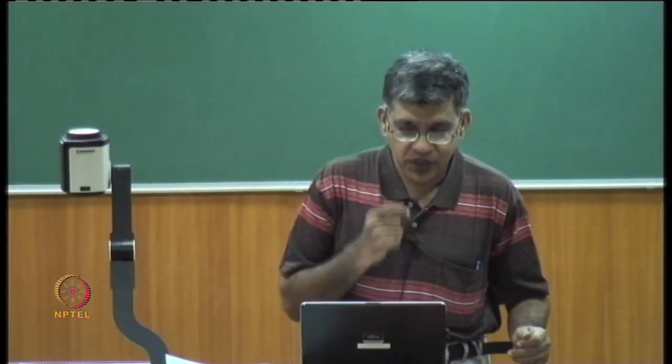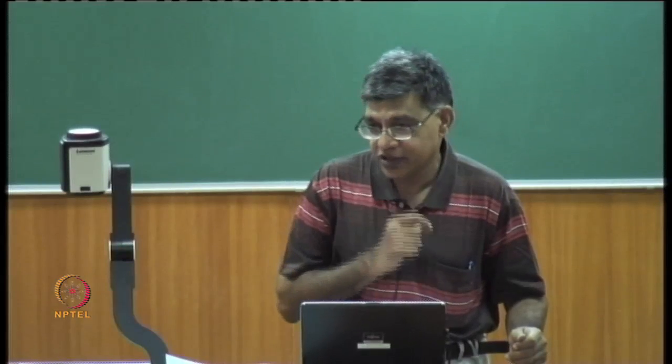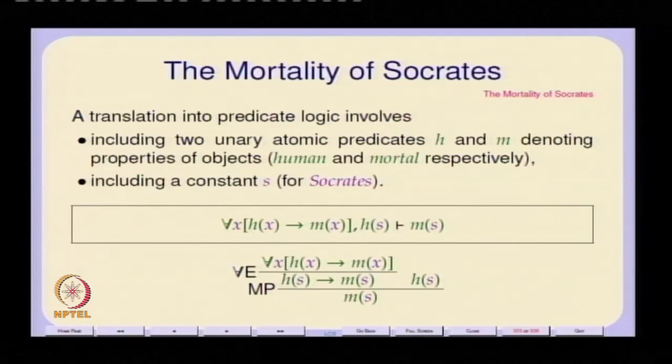And basically what we are saying is that there is some unary atomic predicate called human, and there is another atomic predicate called mortal. And whatever motley set of objects you might take as a model, presumably some subset of it has the property of being human, some subset of it presumably has the property of being mortal.